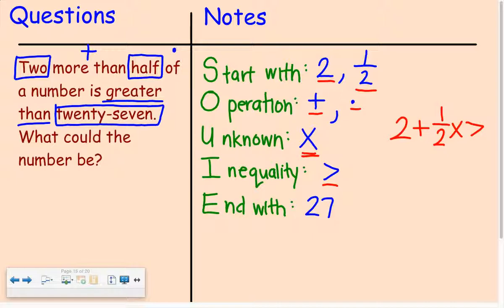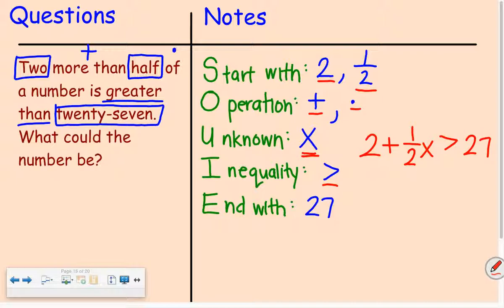Let me flip this over so I have a little more space. So 2 more than half a number, so 2 plus 1/2 x is greater than 27.